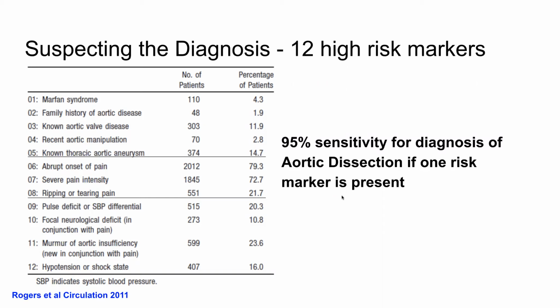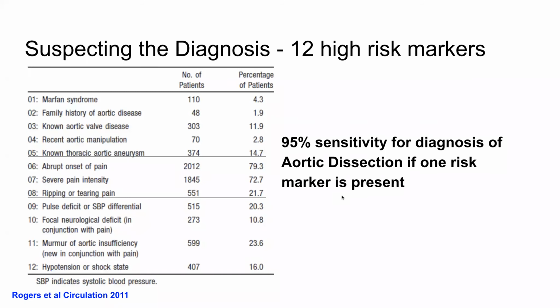It's not inferior STEMI because of a ruptured plaque, but because the dissection extended down into the heart. Echocardiogram will also tell you the difference, because you'll see the dilated aortic root and the pericardial effusion, which is commonly associated with that.